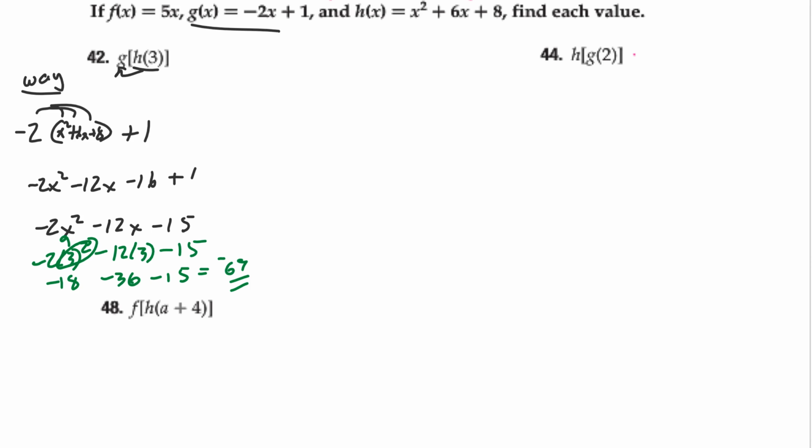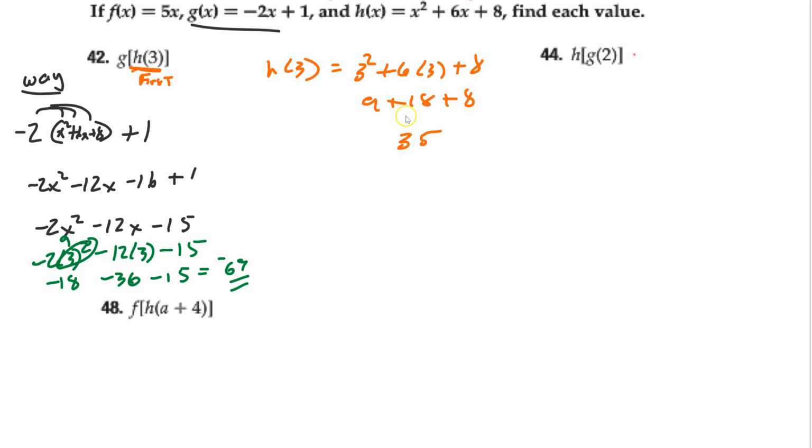Let me erase this real quick. My favorite way is to work inside out. Do the inside first. Let's just figure out what h of 3 is. So h of 3 just means plug 3 into h. So it's 3 squared plus 6 times 3 plus 8. So 9 plus 18 plus 8. So 26, 35.